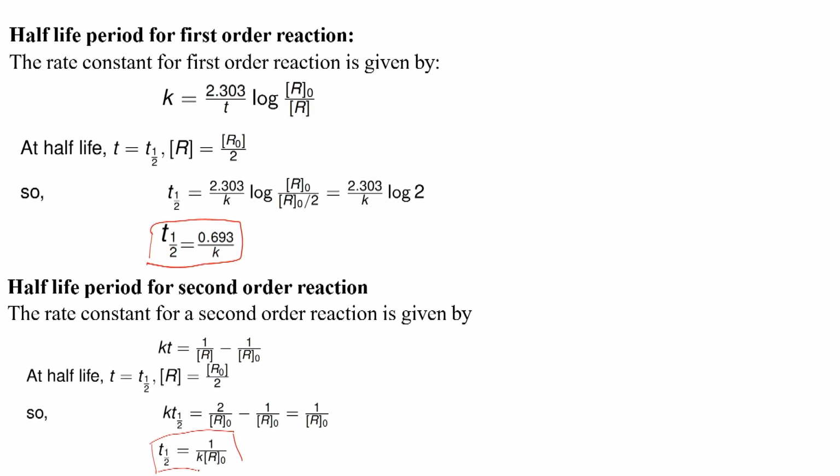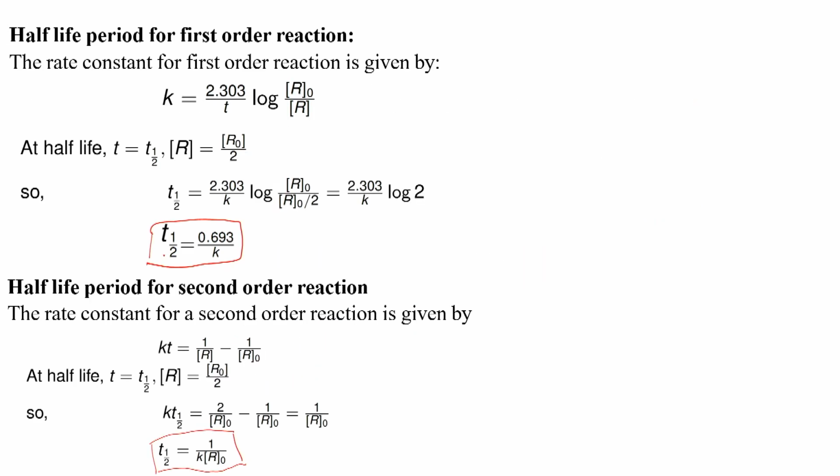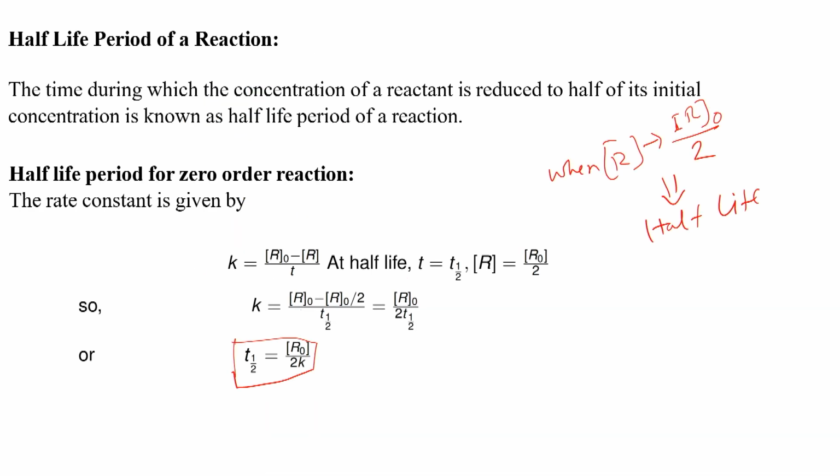Now, if I go back and look at the different expressions, we can see the t half here: t half is concentration of R naught by 2k, so here R naught is in the numerator. Now, if we look at the half-life period of the first order reaction, it is independent of the initial concentration of the reactant.